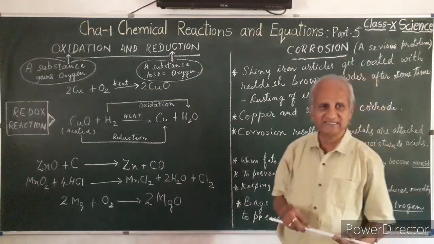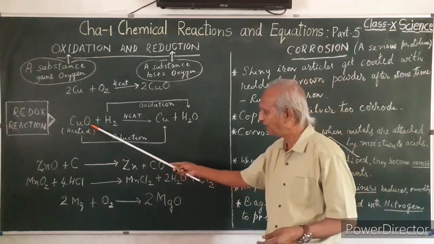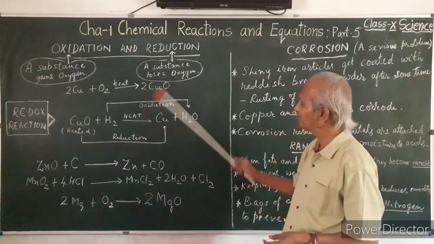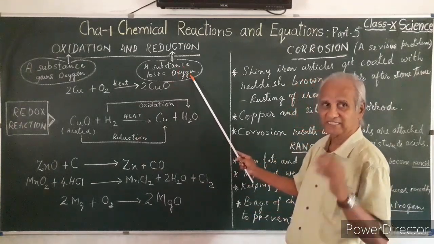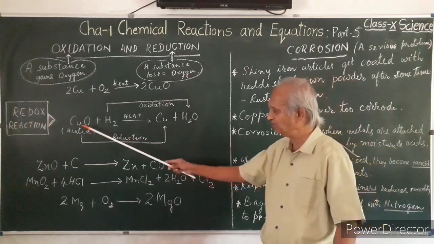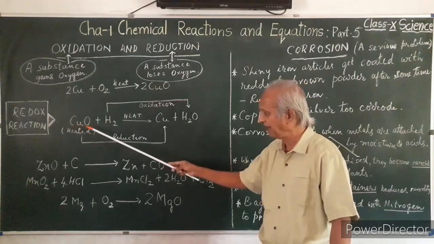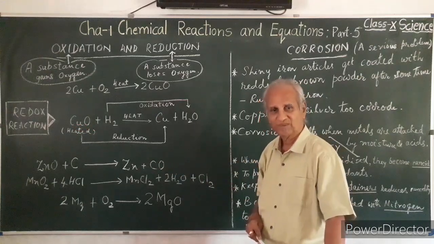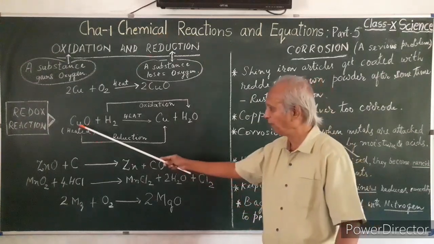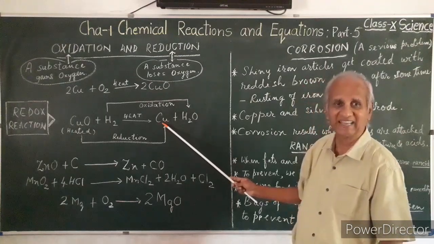Now let us analyze this reaction. I have taken it as an example for reduction. What is reduction? A substance loses oxygen. Is it so? CuO had a copper atom and an oxygen atom. Copper oxide CuO gives up that oxygen. So copper oxide turns to copper. Now this is a reduction reaction.